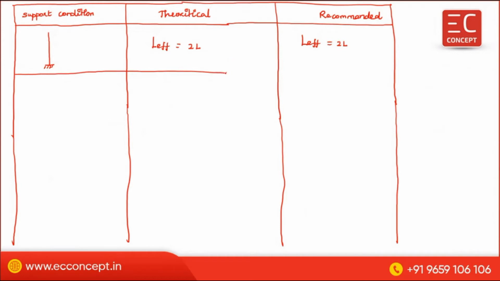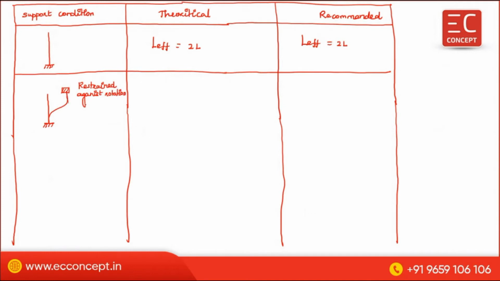Now the fifth case is one end is fixed, other end is restrained against rotation but not restrained against translation. Why rotation?